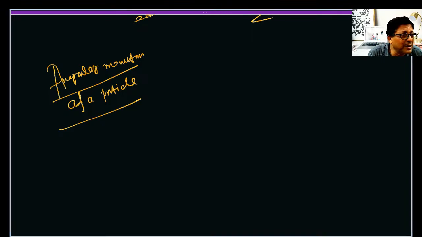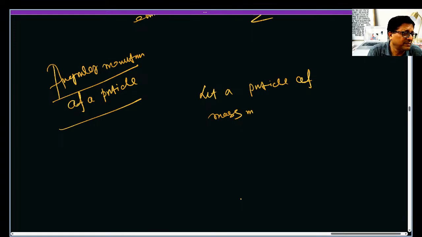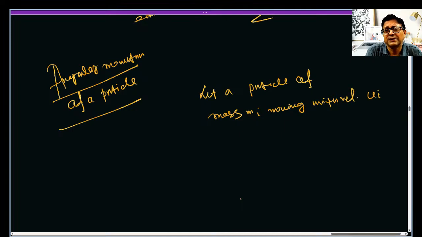First do this part. Angular momentum of a particle. Let a particle of mass mi moving with velocity vi.